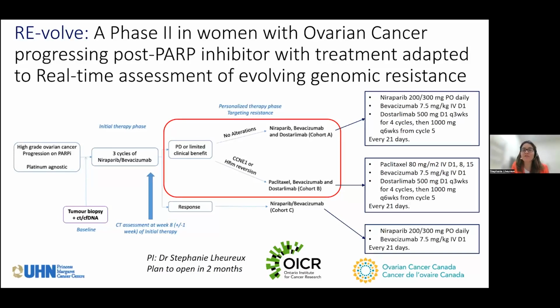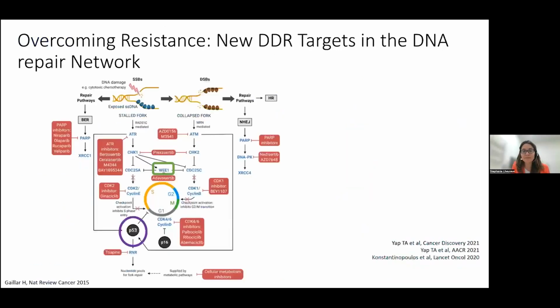So this kind of trial is a pilot trial to see if we can adapt the treatment based on the timely assessment. But definitely we need to overcome resistance, and there's a lot of new DDR targets in the DNA repair network. So we will discuss just a few slides after the WEE1 inhibitor treatment, because we know the DNA repair is also dependent on the cell cycle.